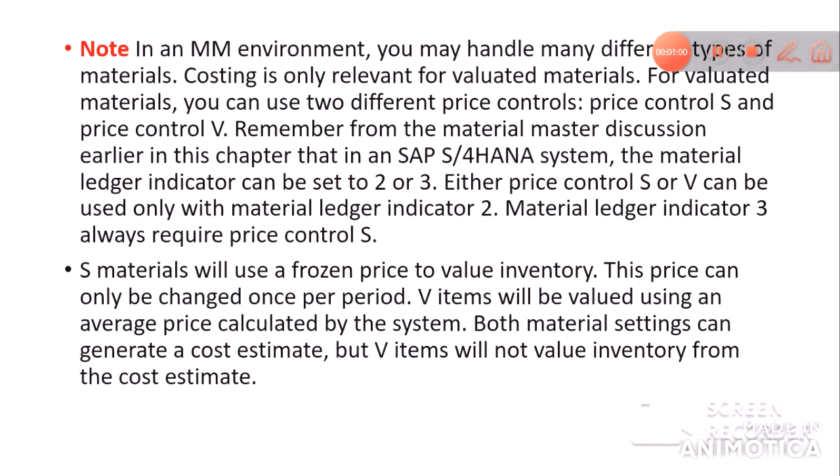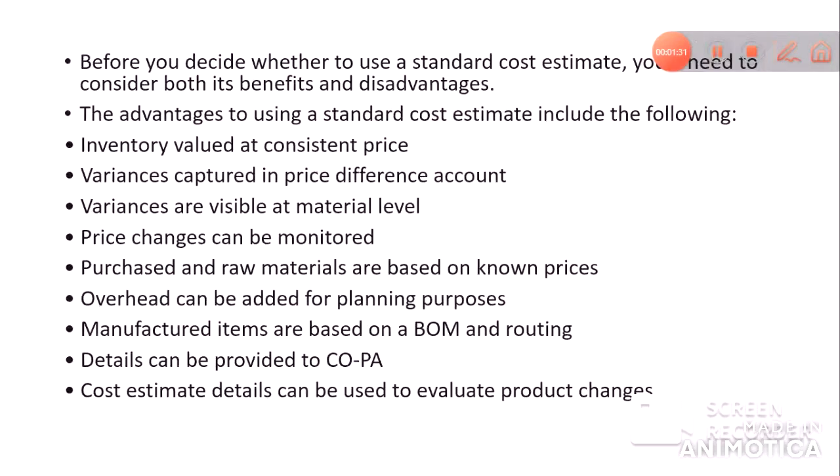Material ledger indicator 2 and material ledger indicator 3 always require price control S. S materials will use a frozen price to value inventory. This price can only be changed once per period. V items will be valued using an average price calculated by the system. Both material settings can generate a cost estimate, but V items will not value inventory from the cost estimate.